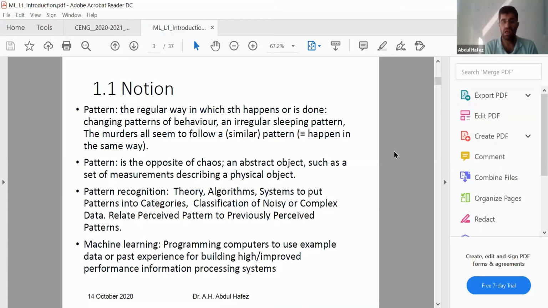Okay, but how is it done? When I say pattern recognition, we usually talk about machines that do pattern recognition, about pattern recognition using computers. So how do computers know how to do it? We have taught them. How have we taught the machine? Using machine learning. Machine learning is something that computers understand.